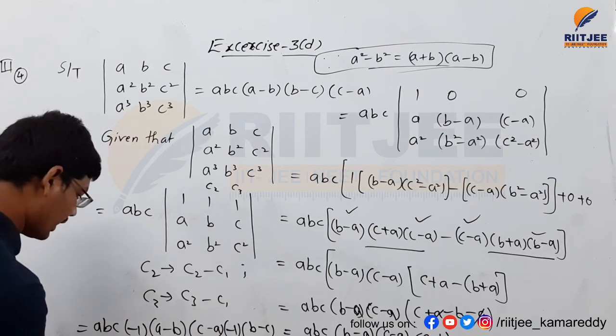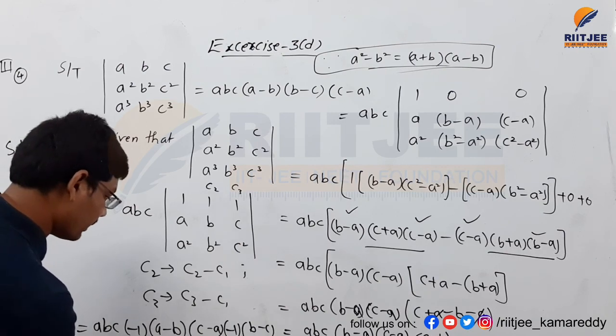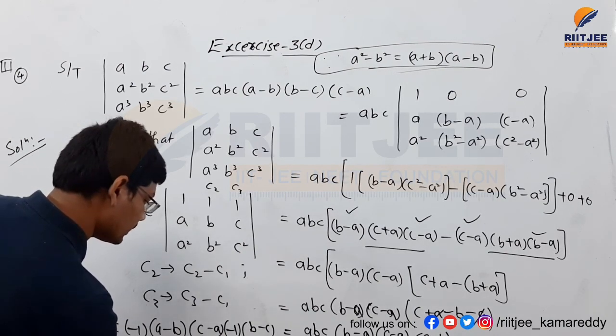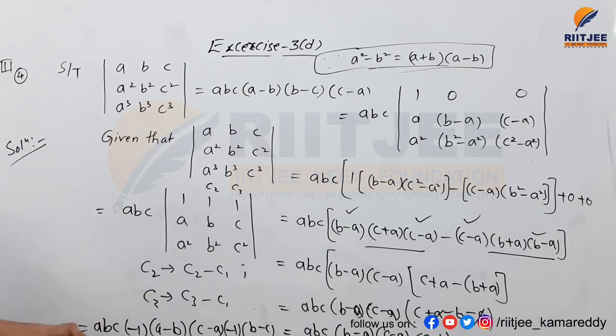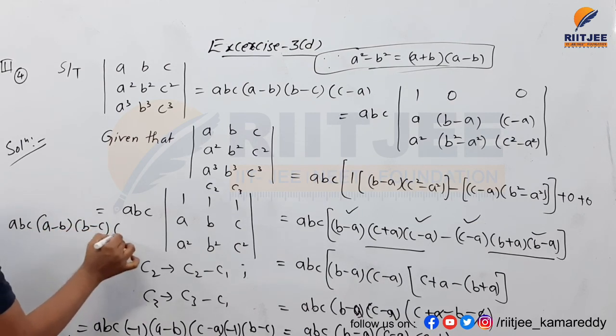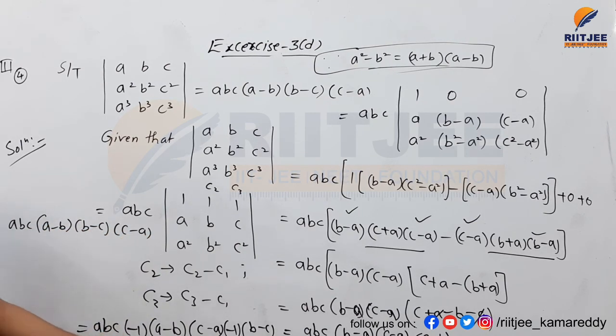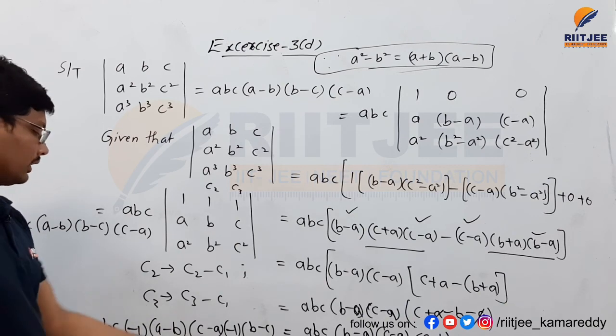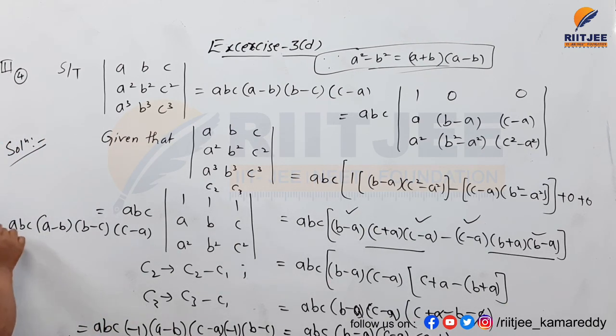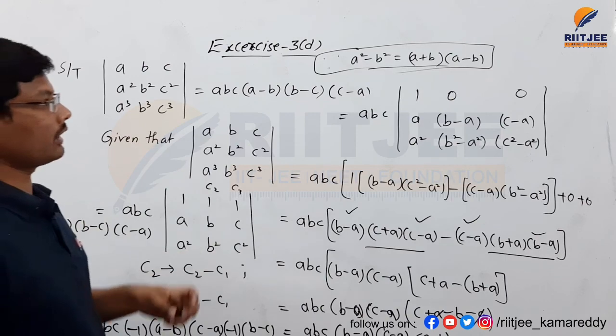So abc into a minus b into b minus c into c minus a. This is the final solution for this problem. I am writing once again: abc into a minus b into b minus c into c minus a. This is the final solution for the determinant.